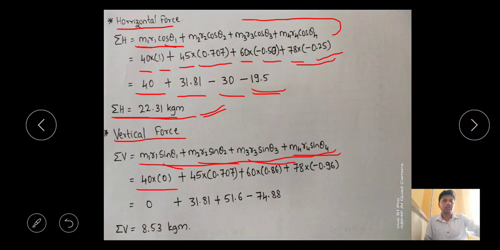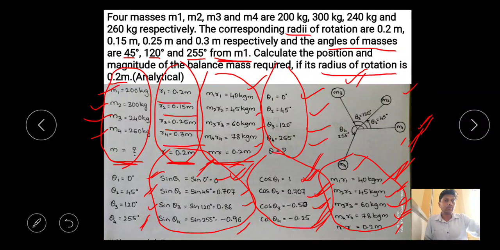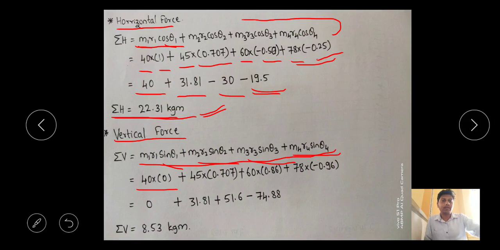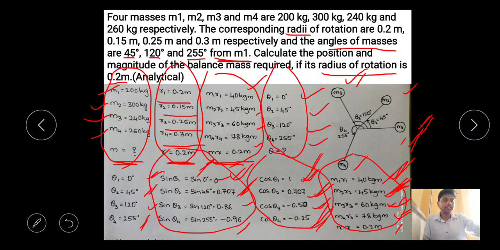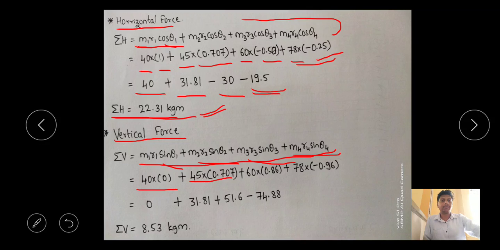So 40 into 0. Next, M2 R2 is 45, so 45 into 0.707. Next, 60 into 0.86, now multiply 60 into 0.86.